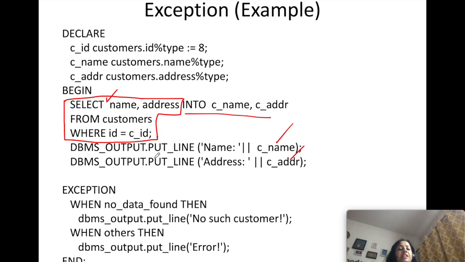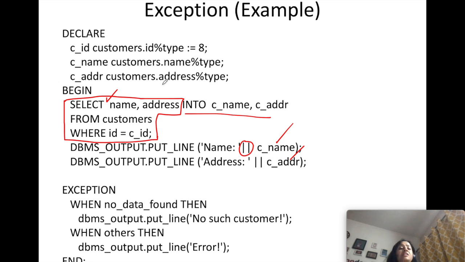In the next line, we have printed name colon, then the name which we got from the table, and address colon, then the address. What is this operator? This is known as the concatenation operator, which combines name colon with the value of the variable c_name.